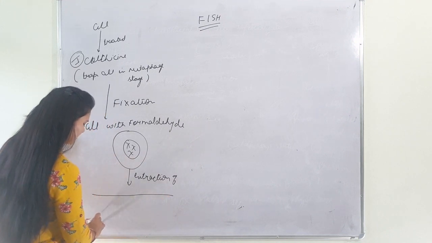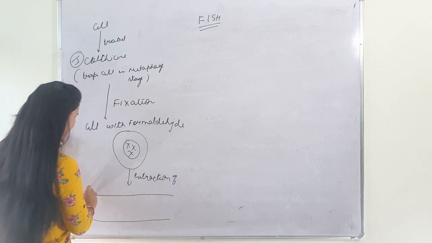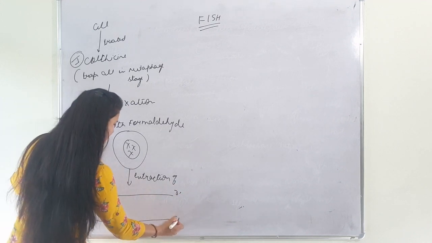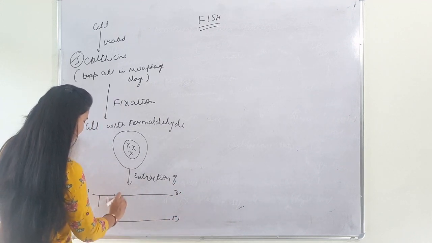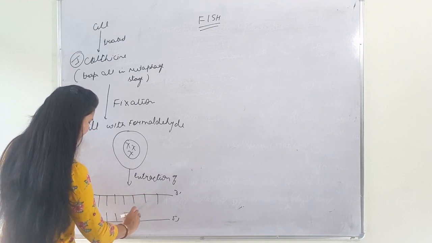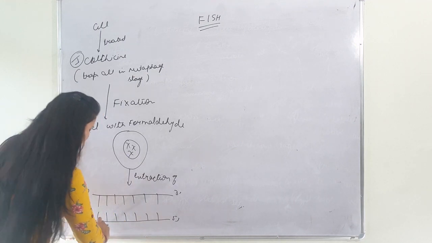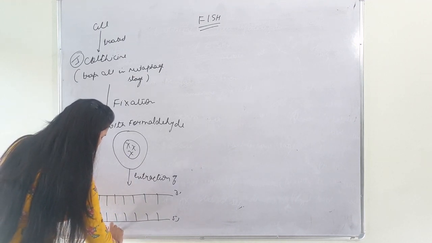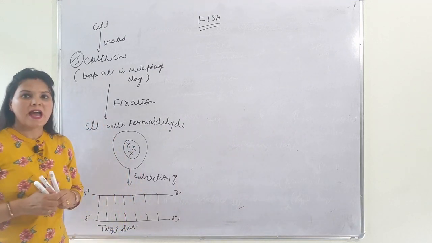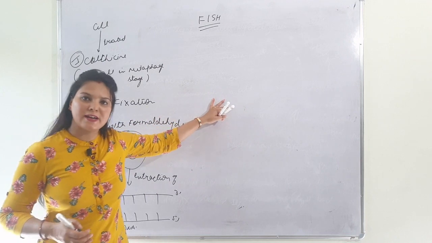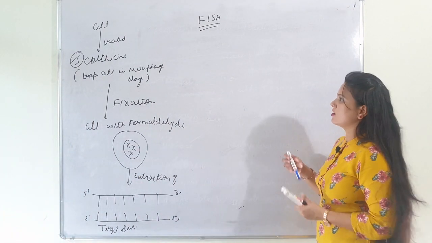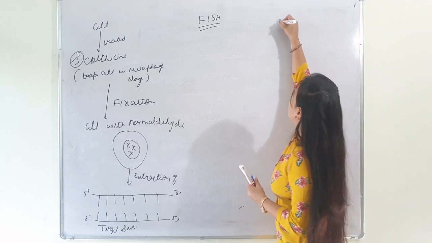Suppose this is a sample DNA, 5' to 3', and this is a target DNA sequence, and along with this we also design a probe for the hybridization. Now next is designing a probe.